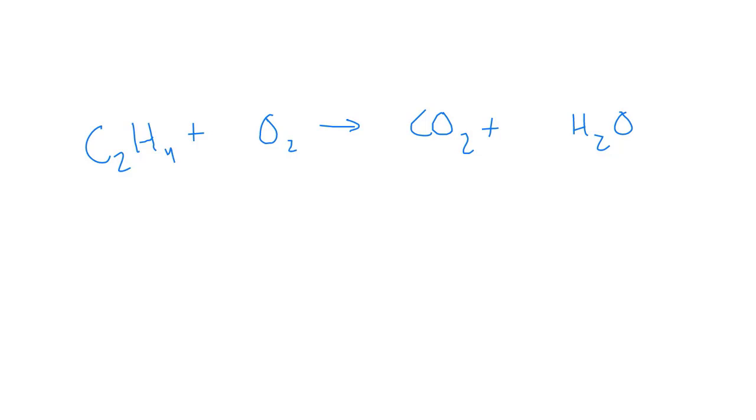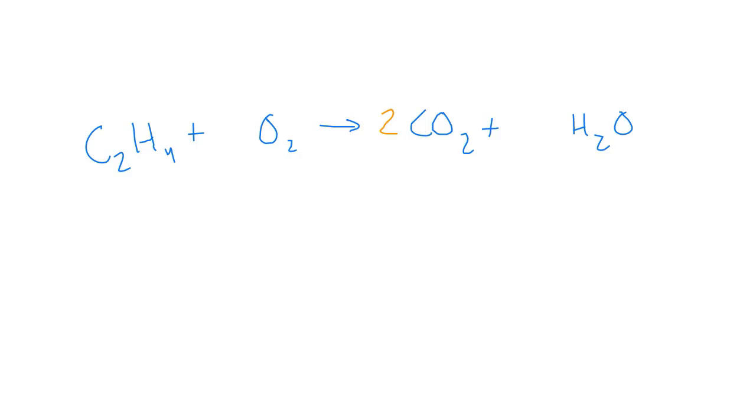I would typically, again, leave hydrogen and oxygen to the back end, and so start looking at the other atoms. So let's look at carbon first, since it's not hydrogen or oxygen. We have 2 carbons on the reactant side, and we have 1 carbon on the product side. Therefore, we have to change that coefficient to 2 here. Right, so now we have 2 carbons on the left, 2 carbons on the right.